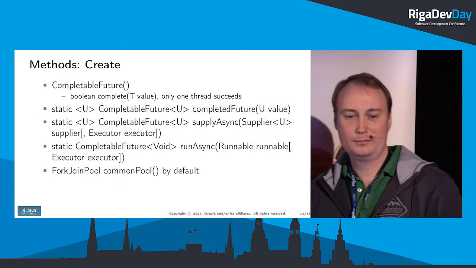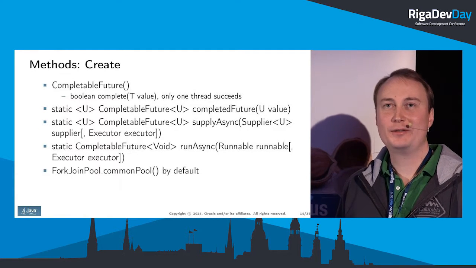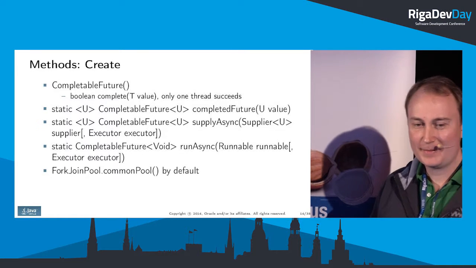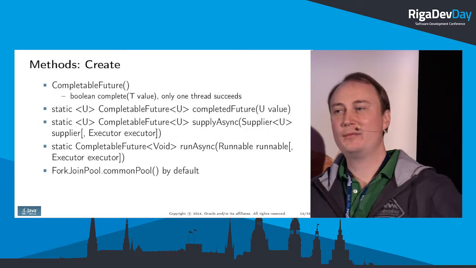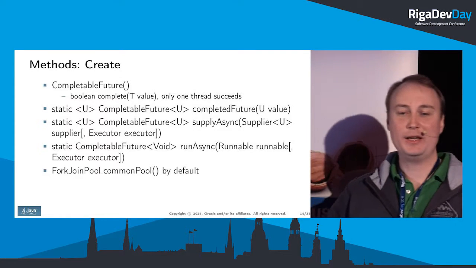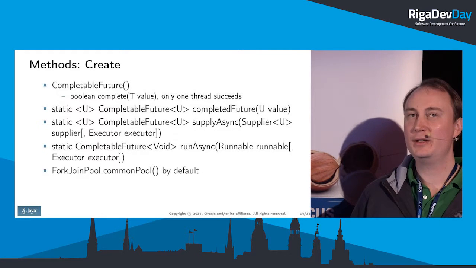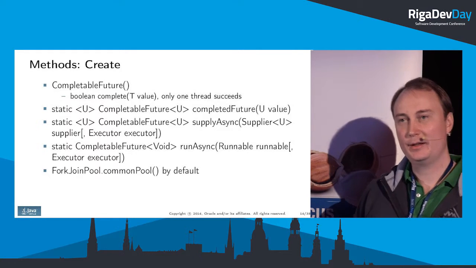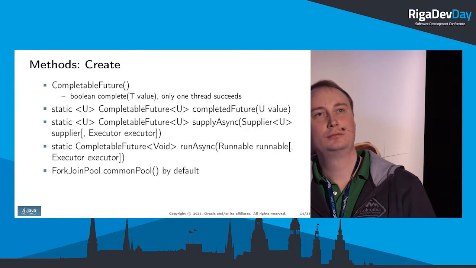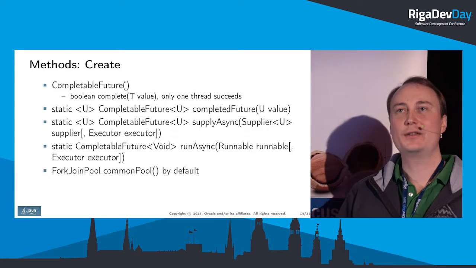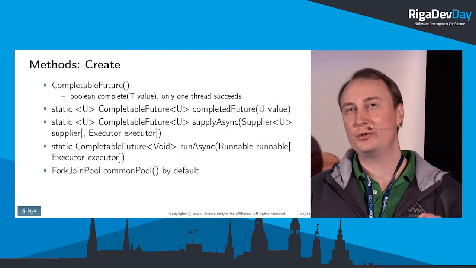But completable future may be just constructed with constructor, and it can be passed anywhere. Some arbitrary thread may complete it, or many threads may complete it. Only one will get success, but that's not a problem. We can create something that someone will complete, and we had nice options to deal with it.